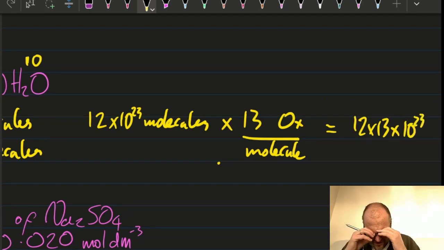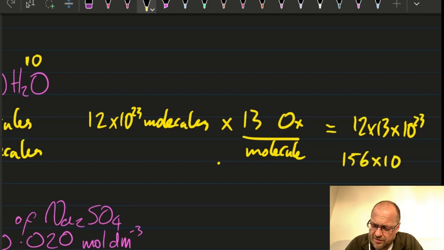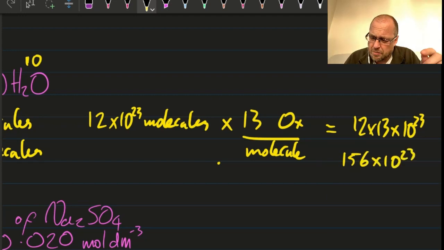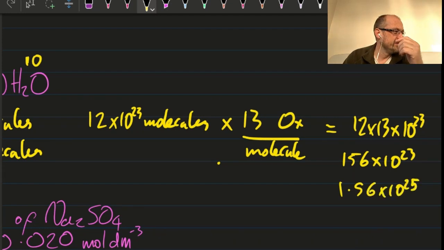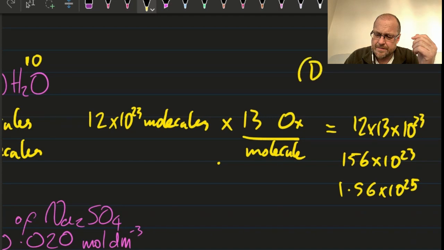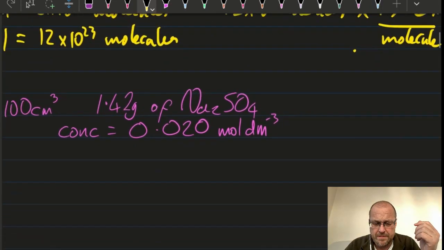What's 12 times 13? 12 is 144, and another one, 144, 154. So it's 156. So 156 times 10 to the 23. Fix those decimal places. 1.56 times 10 to the 25. Oh, bit of dirty rounding there, but I think it's D. I think 2 is D. Next one.